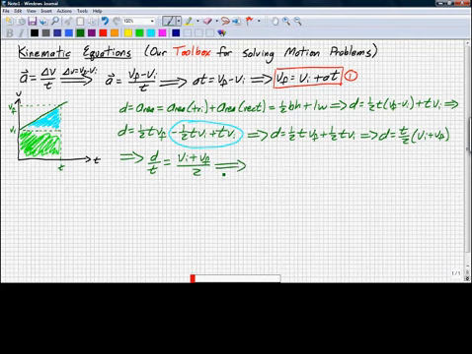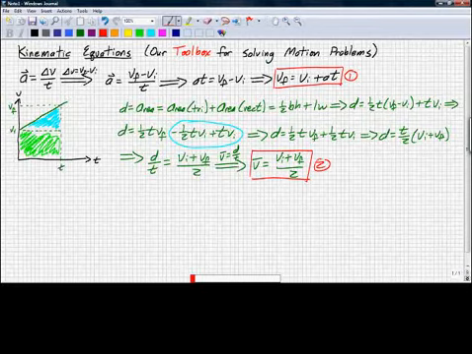Now, what is d over t? If I recall correctly, d over t is our definition of average velocity. Therefore, we can say that average velocity equals vi plus vf over 2. That is our second equation.